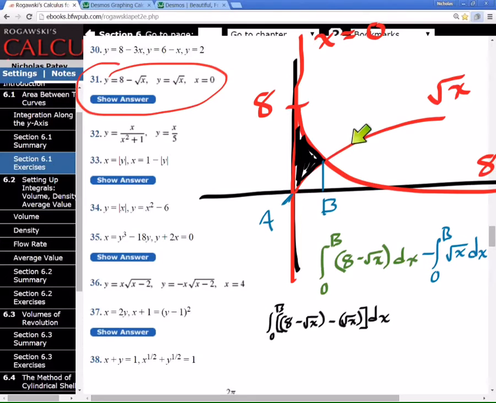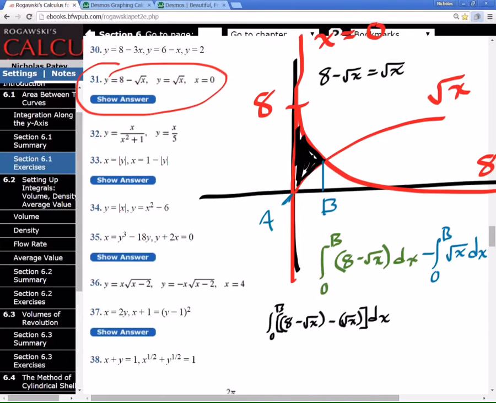How are we going to find the intersection point between these two graphs? Well, one way is to use your calculator. Your calculator can tell you what the intersection point is. If you don't want to use a calculator, all you need to do is take 8 minus square root of x and set it equal to square root of x, and then solve it to find the x that will make them equal.